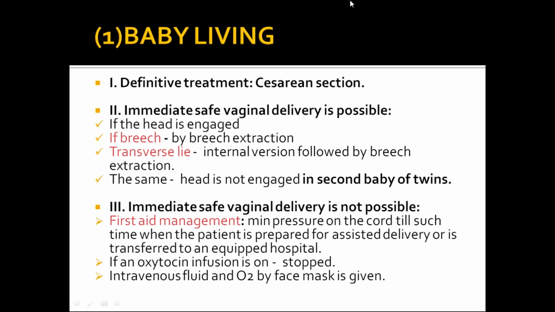If a transverse lie is there, you can do internal version followed by breech extraction. If the head is engaged and fully dilated, we can cut short the second stage of labor and immediately deliver by forceps or ventouse. Okay? If immediate safe vaginal delivery is not possible, what are the things we have to do?